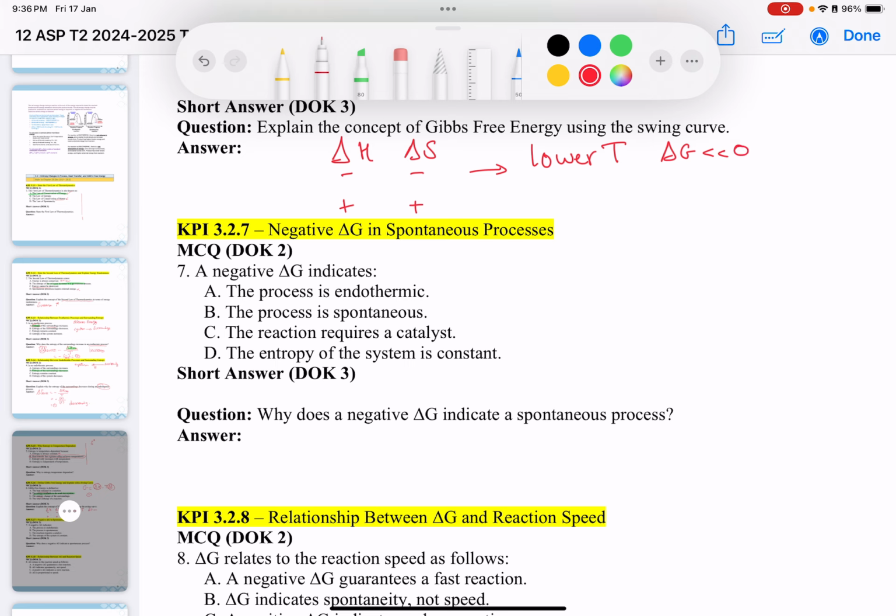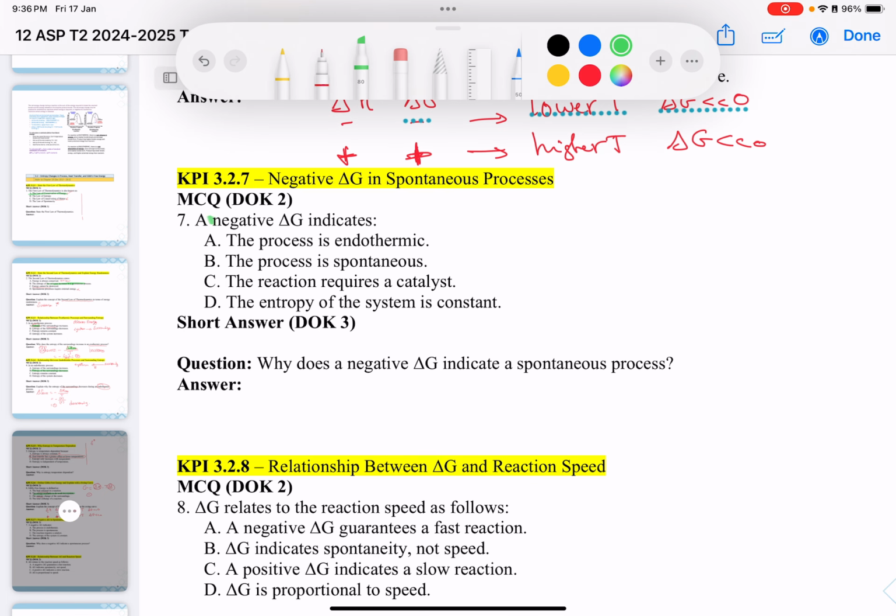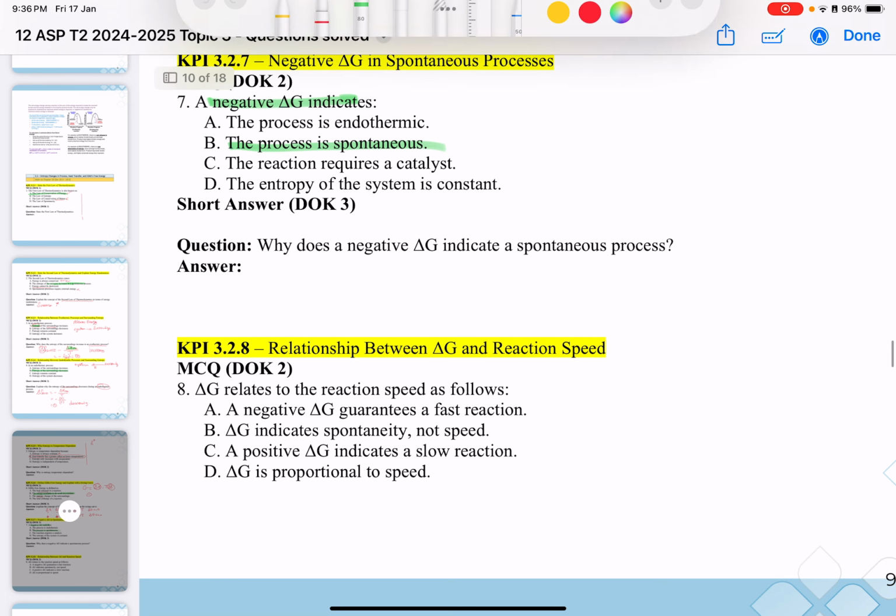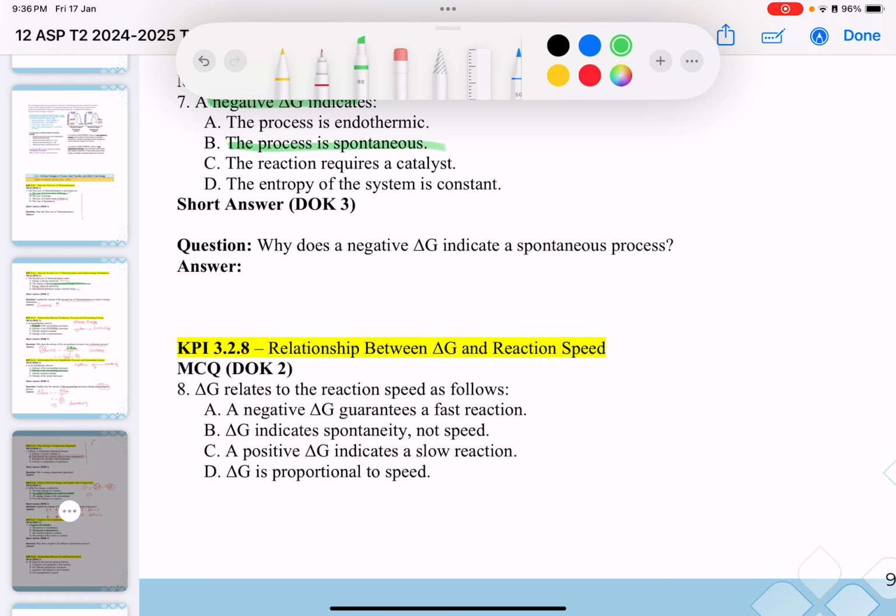If both are positive, the higher the temperature, the more spontaneous the reaction becomes. The more we increase T, the more spontaneous the reaction. So, as mentioned, delta G negative indicates that a process is spontaneous.